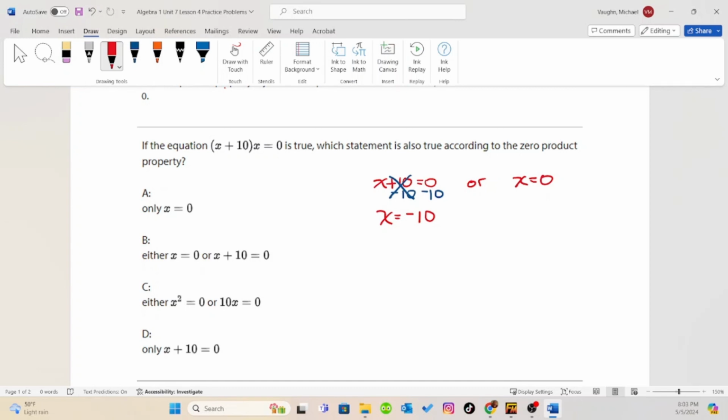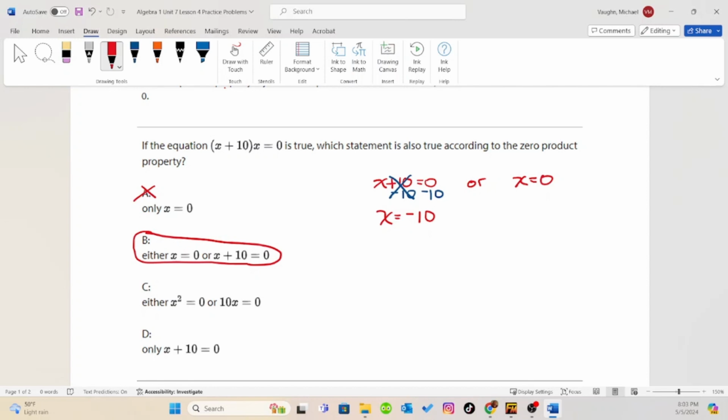So that means A is incorrect. B, either x equals 0 or x plus 10 equals 0. That was the original statement we made, so B is correct. C, either x squared equals 0 or 10x equals 0.